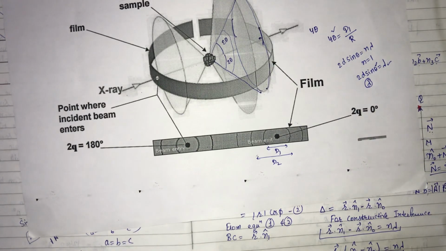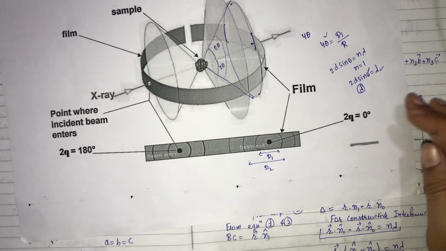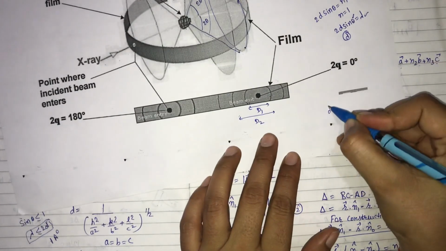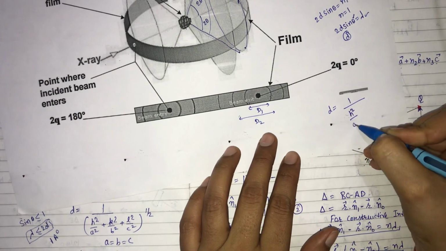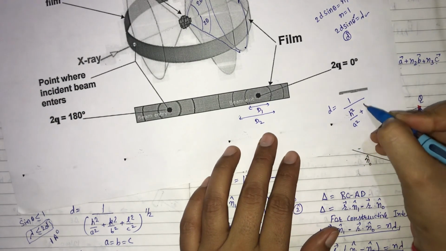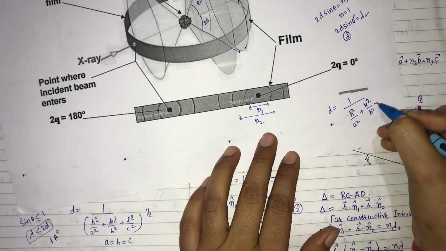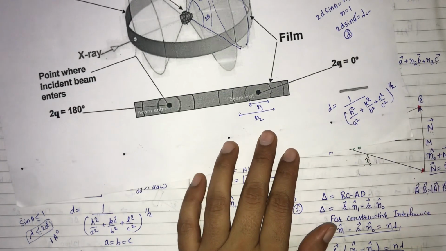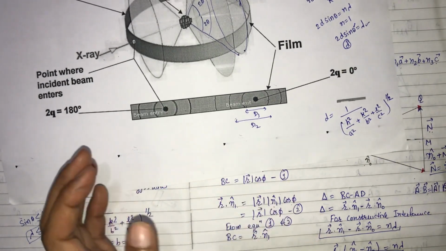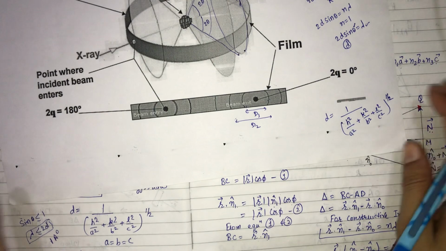So in this way, by using the powder method, we can know the interplanar spacing d. And this d is related to the lattice parameters, d is the reciprocal of h square over a square plus k square over b square plus l square over c square, all to the power 1/2. So in this way we can know about the crystal structure.